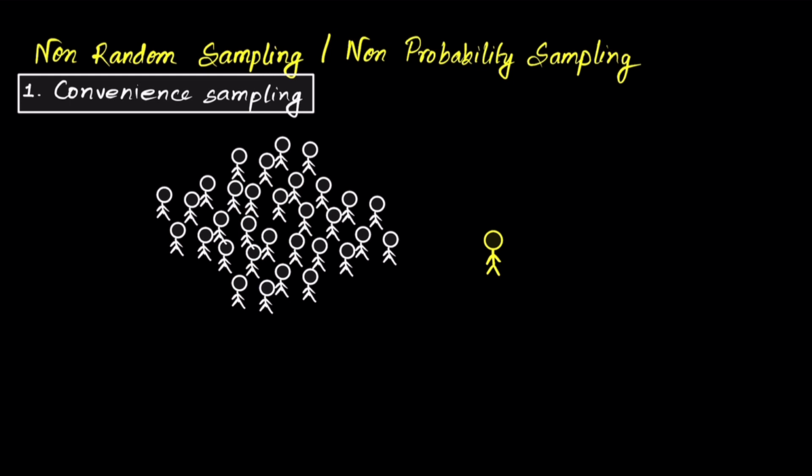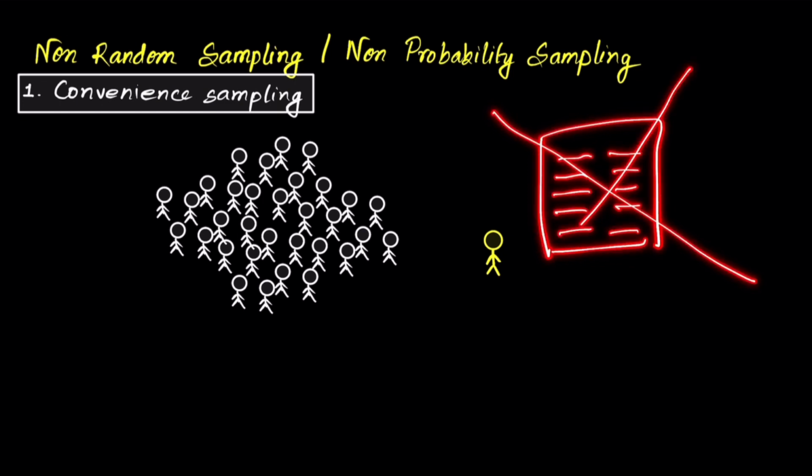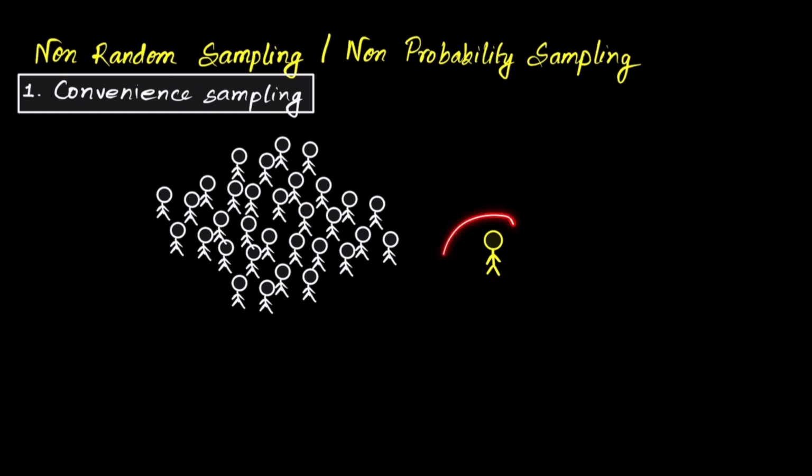However, for that, the surveyor requires a population list so that he can choose individuals at random from that population list. But let's say the population list is not available to the surveyor. Then the surveyor chooses convenience sampling as the sampling technique.